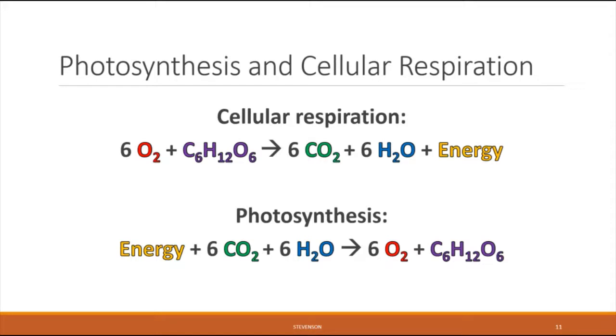So the neat thing about these equations is that if you remember one of them, then you can remember the other one. And it's easy to remember which one belongs to photosynthesis versus cellular respiration because we know that for plants, photosynthesis takes in CO2 and gives off oxygen, whereas for consumers or heterotrophs, it is vice versa.